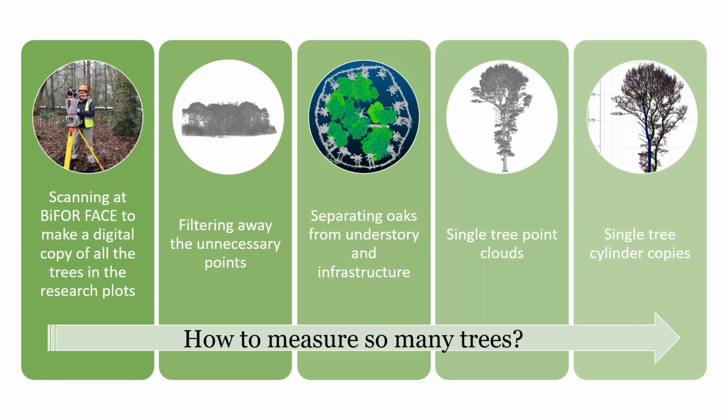And these single 3D point clouds I can divvy up in different cylinders that will fit into the form of a tree, as you can see on the most right-hand figure. And these cylinders help me better put a number on the amount of carbon that would be stored in these woody tissues.